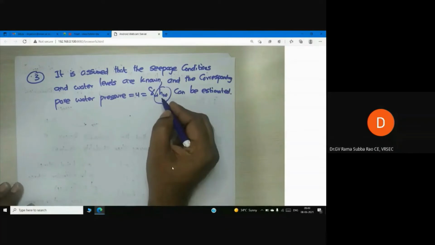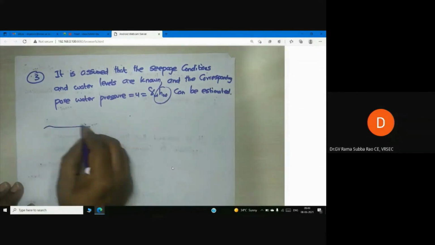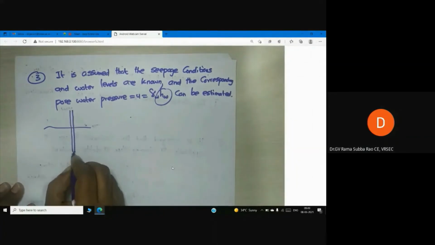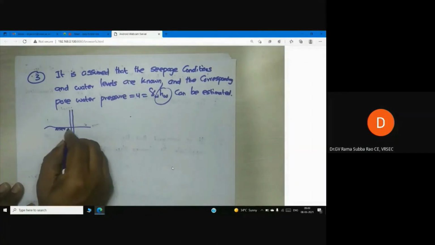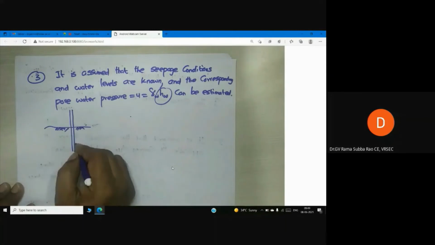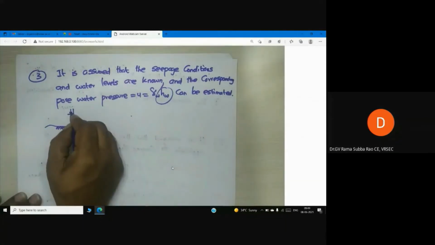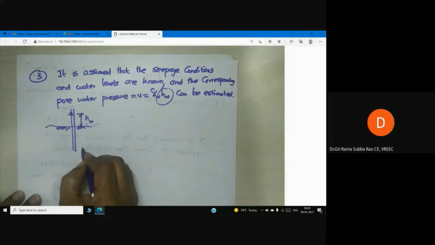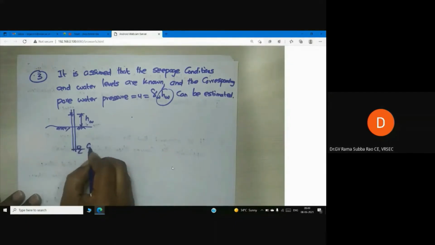Many times when you insert a piezometer in the ground, a small glass tube in the ground, what is the purpose of the piezometer? We all know it measures the water pressure. Once you know the water level inside the ground, that speaks about the position of the groundwater table.